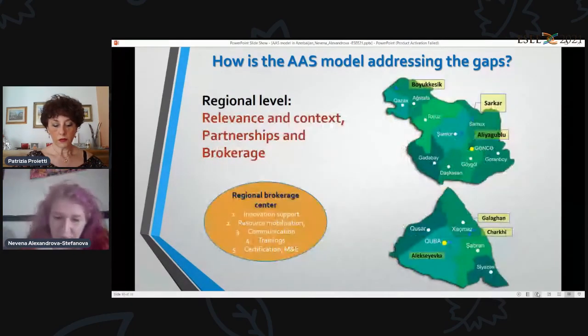At regional level, what we have here is about the relevance and the context and the partnerships and the brokerage.